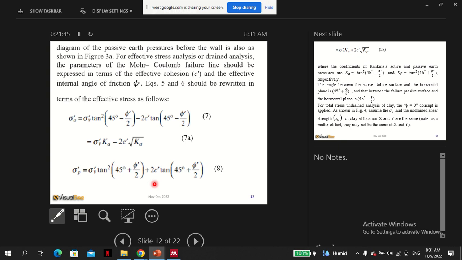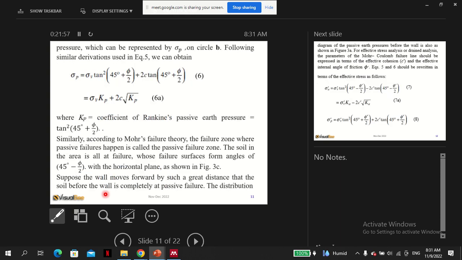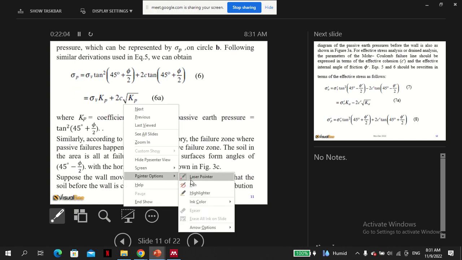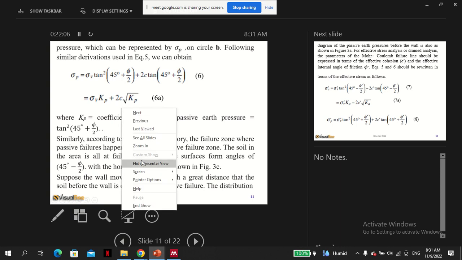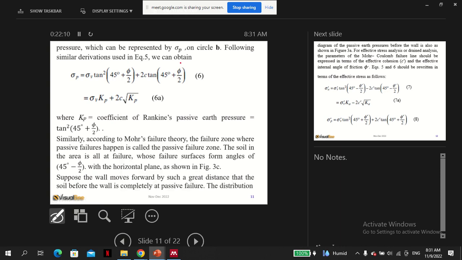For effective stress analysis or drained analysis, the Mohr-Coulomb failure line should be expressed in terms of c and phi. So here, because of the difficulties we already talked about, the same formulas, but now in terms of effective stress, you can use the effective stress parameters.